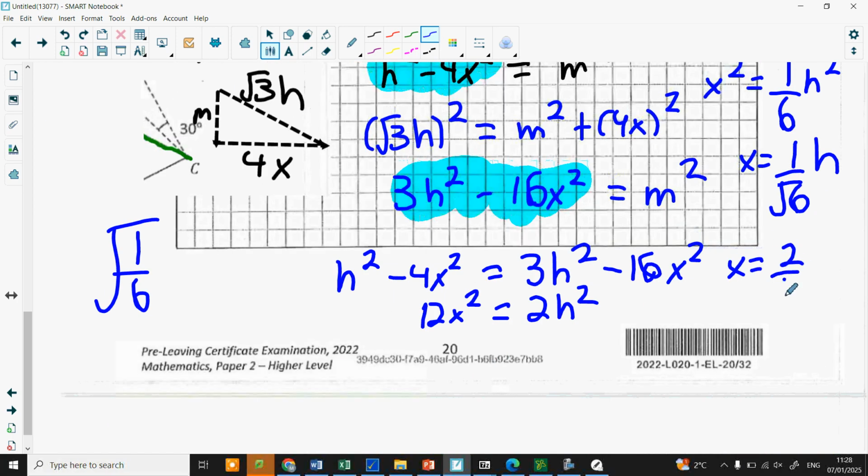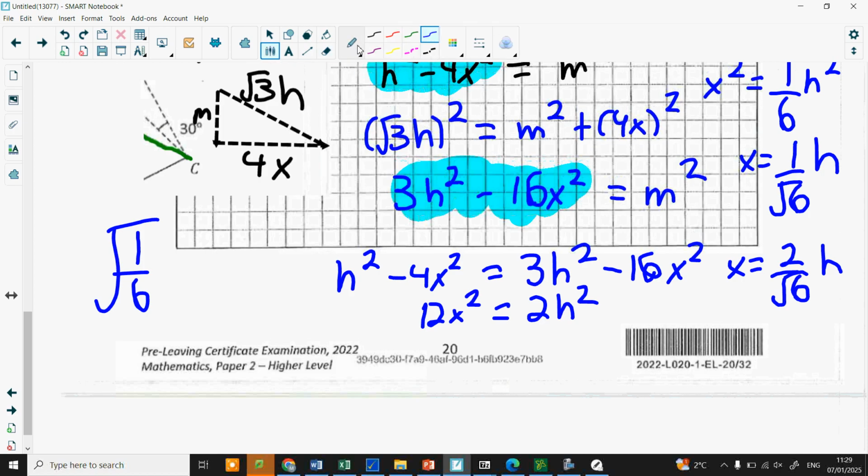Would somebody be so kind as to do 2 over root 6 for me? What do we get then? Root 6 over 2. How does it present it? All right.